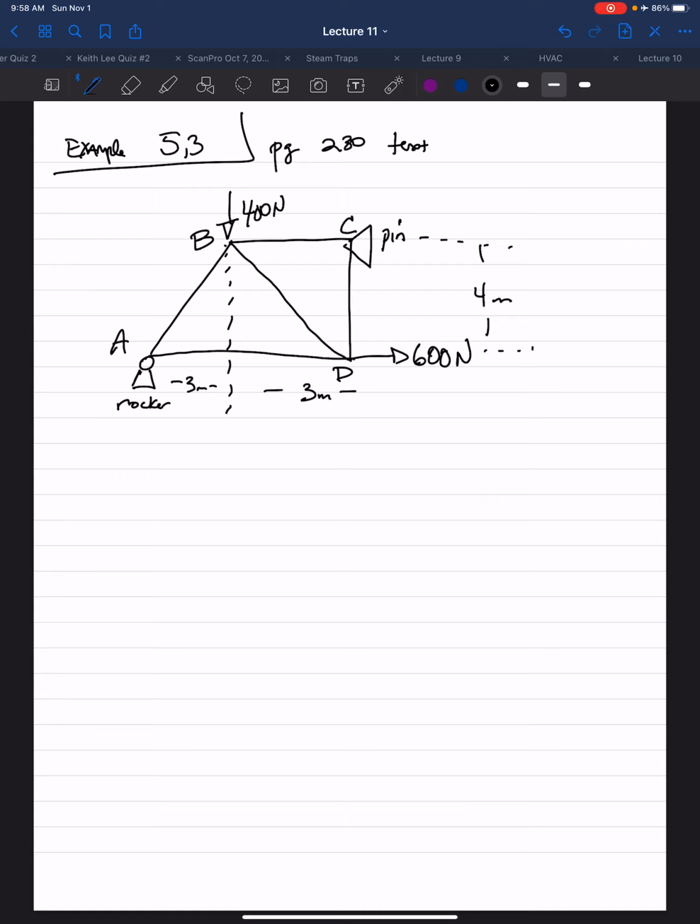So 1 known, 3 unknowns. Remember, we need 1 known and at most 2 unknowns, so we can't solve at joint B or at joint A. Joint D has 1 known, the 600 Newton force, but once again 3 unknowns, the forces in members DC, BD, and AD. So we can't solve that joint.